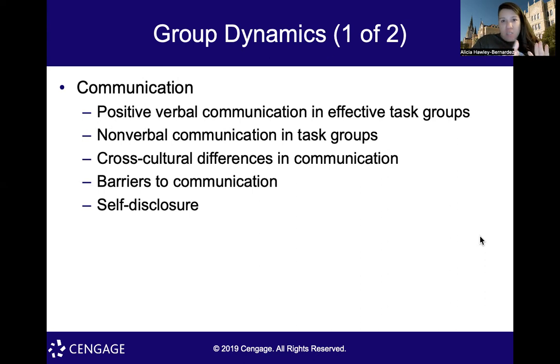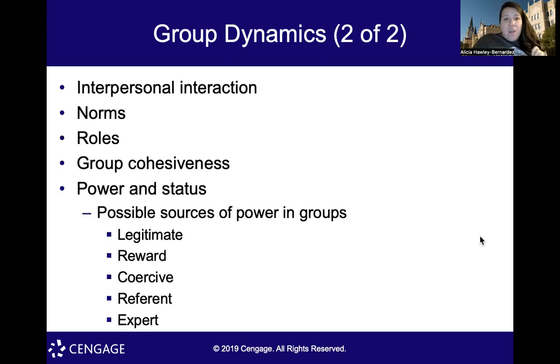So the textbook is going to go over a lot of these different forms of communication. Other things to consider with group dynamics are interpersonal interactions, different norms and roles within groups, and then power and status.